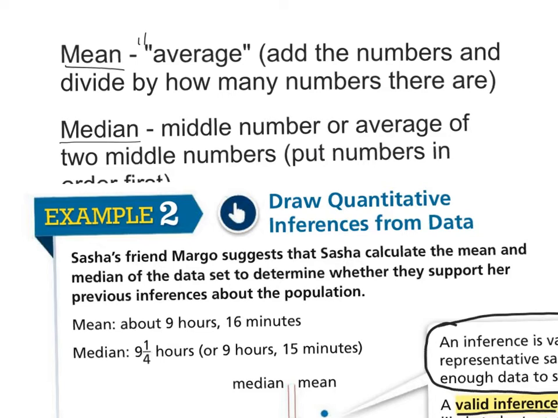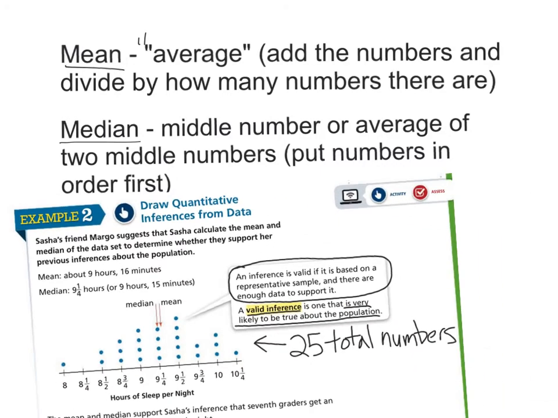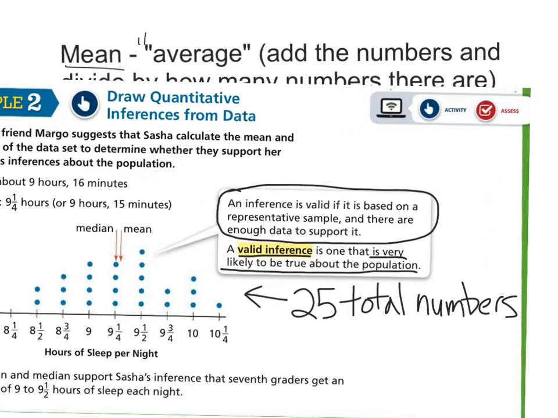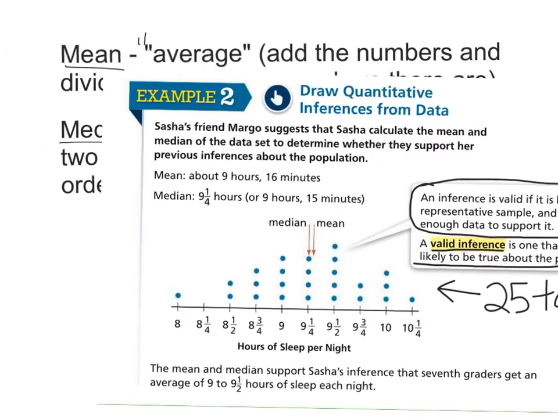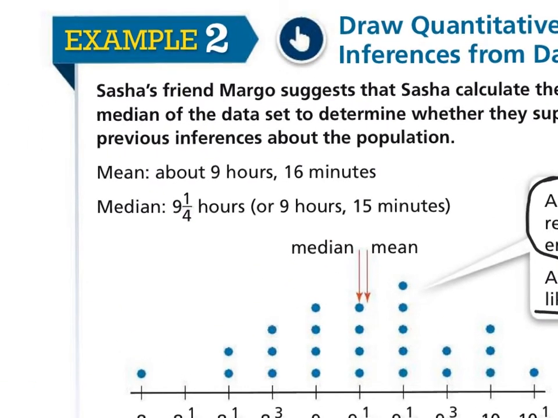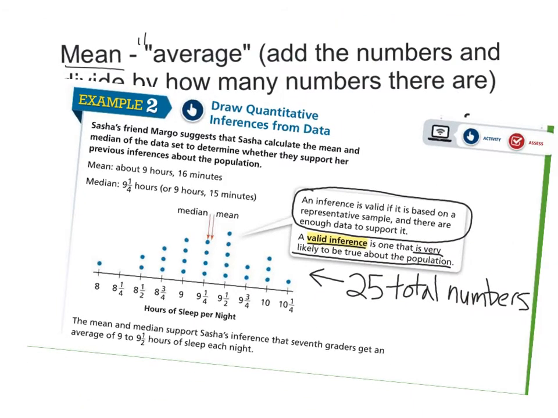For the mean, she would have to add up all those times and then divide by how many numbers there are. There are 25 numbers total, so you'd add all those together and then divide by 25. The mean comes out to be about 9 hours and 16 minutes. For the median, after we've got them in order, it's either the middle number or the average of the 2 middle numbers.